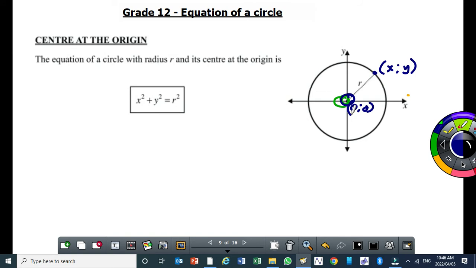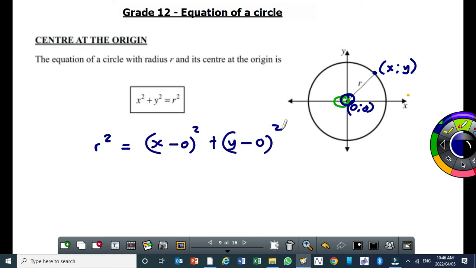So, if I use the distance formula there, okay? If I use the distance formula, we end up having r squared, which is our line segment, pay attention, is going to be equal to x minus 0 squared plus y minus 0 squared.